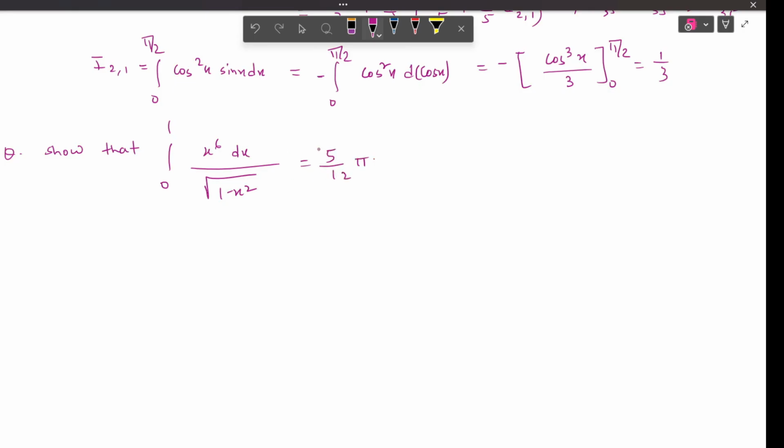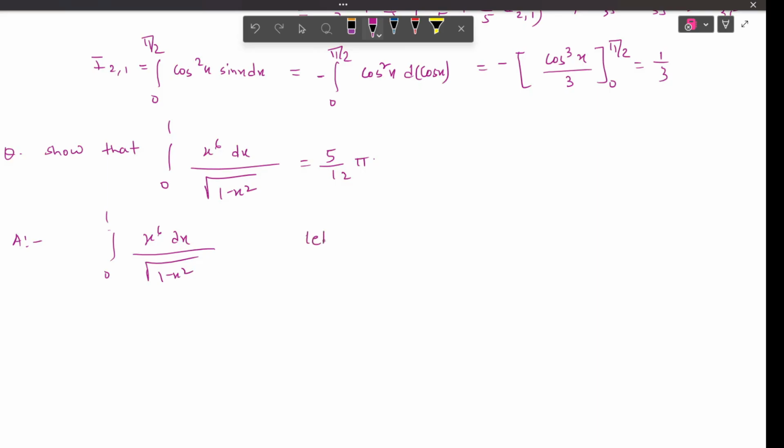We have to evaluate this and show it. So let us see the answer. See, this is integration 0 to 1 x to the power 6 dx by square root of 1 minus x square.